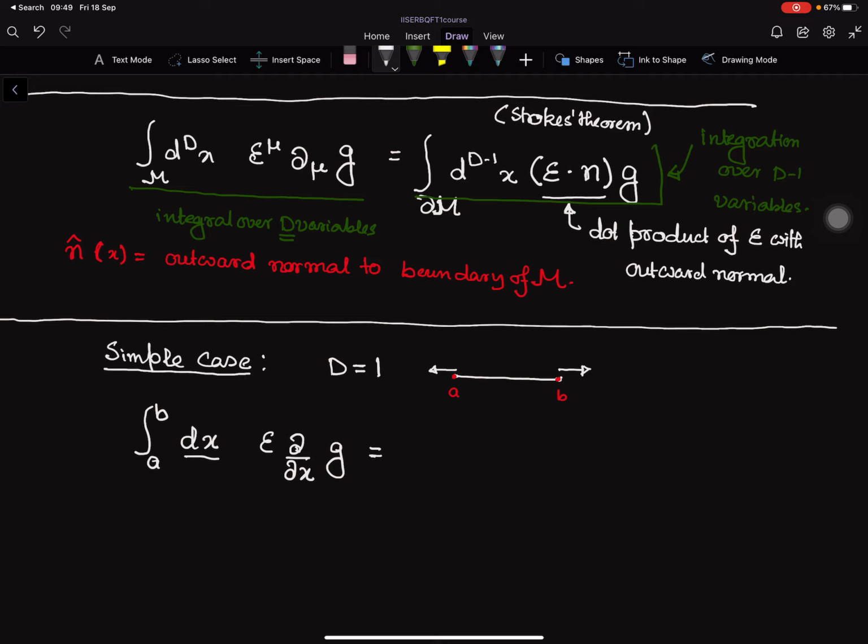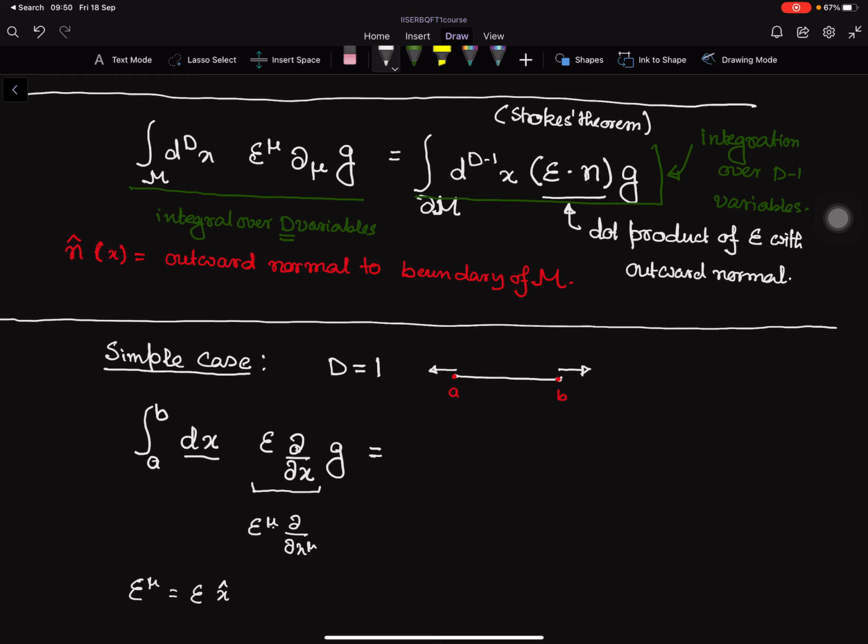And this quantity here, I write it as epsilon mu del mu, where epsilon mu is simply epsilon times x hat, so it's only in the positive direction. So if you do this computation, you get back this thing.